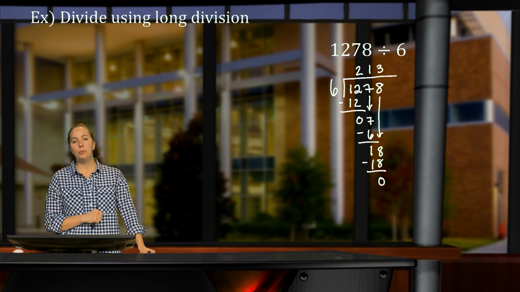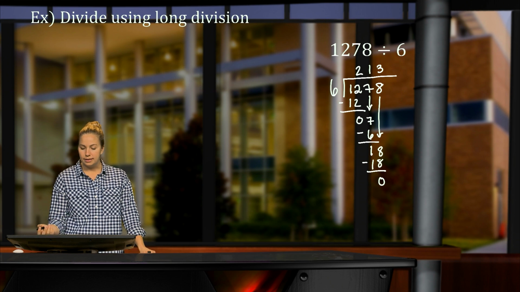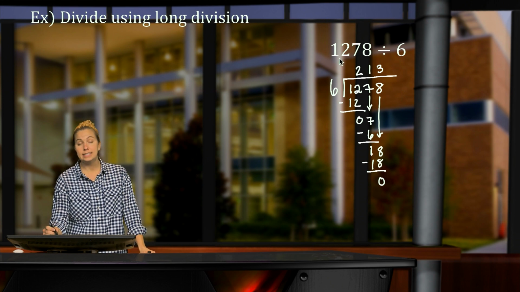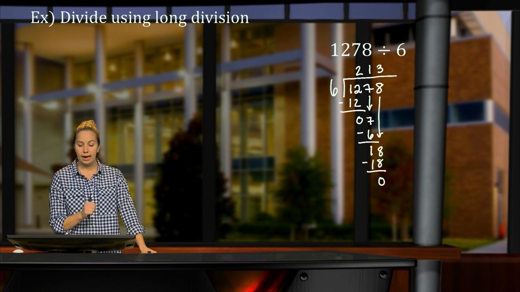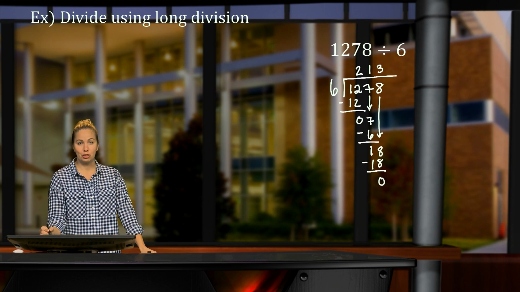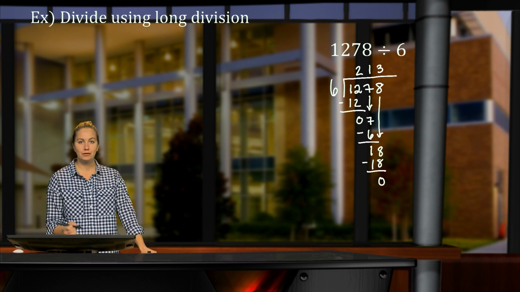What does it mean when we get a remainder of 0? That means that 6 is a factor of 1,278. It also means that 213 is a factor of 1,278.